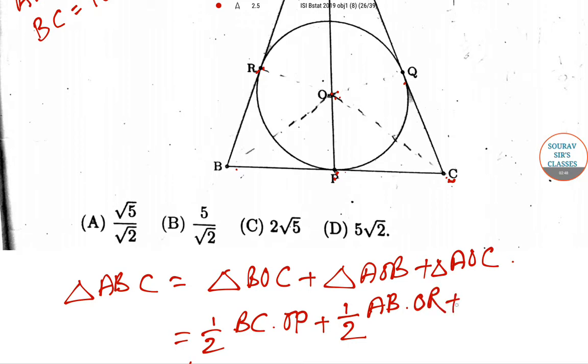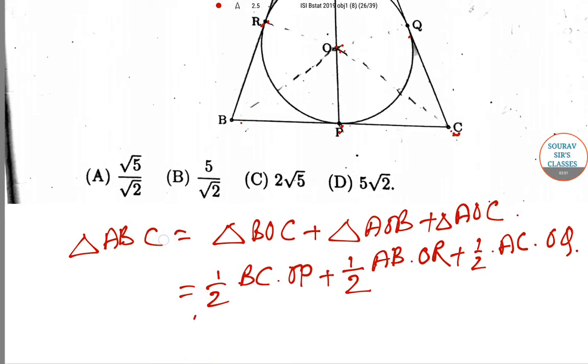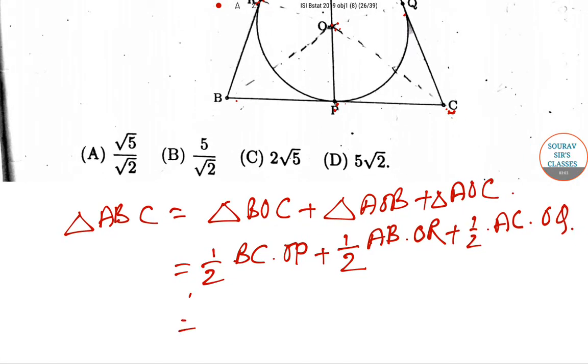plus the area of the triangle AOC is half into AC into OQ. Now we know OP equal to OQ equal to OR as they all are inradius.